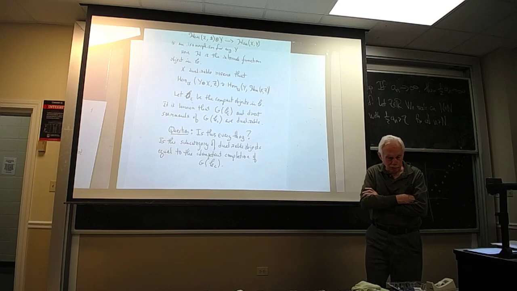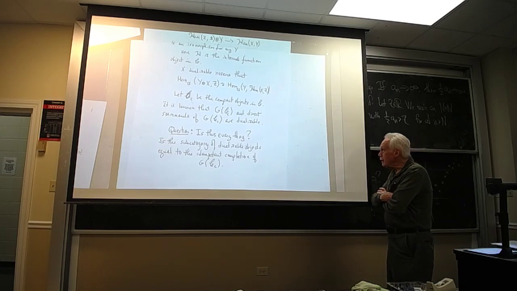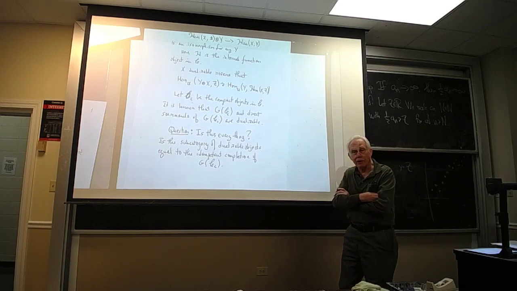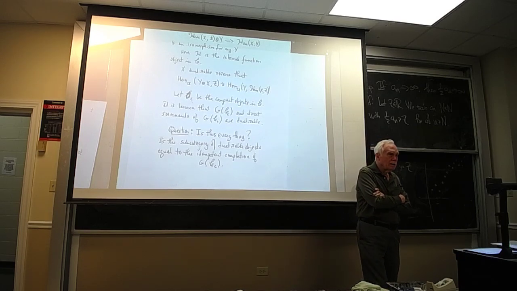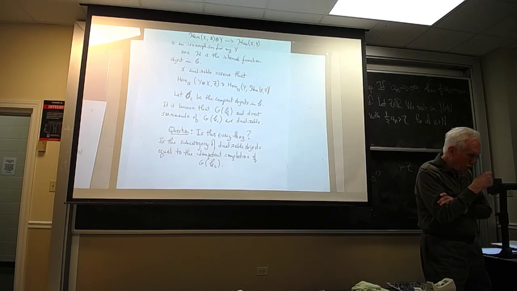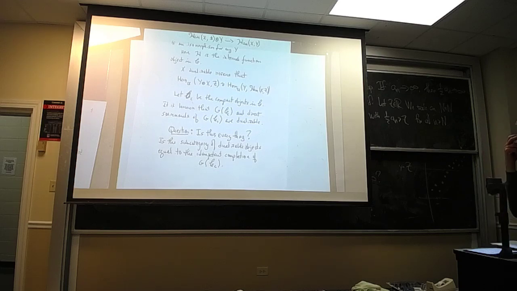That is dualizable in U, and also direct summands of that are also dualizable. And so the question that came up is, is this everything? Is this functor G in some sense surjective?